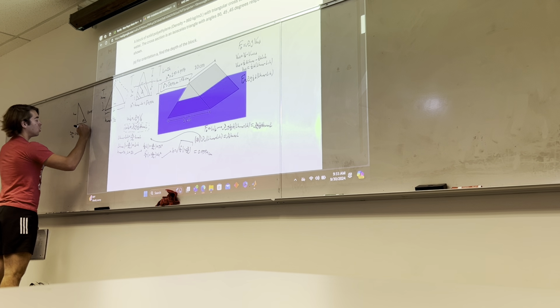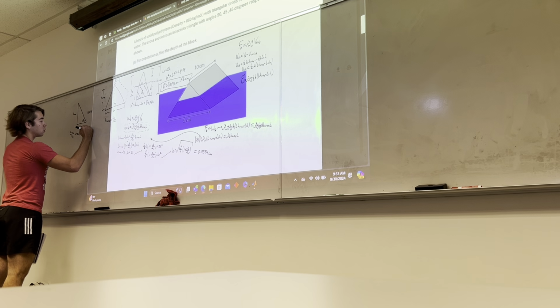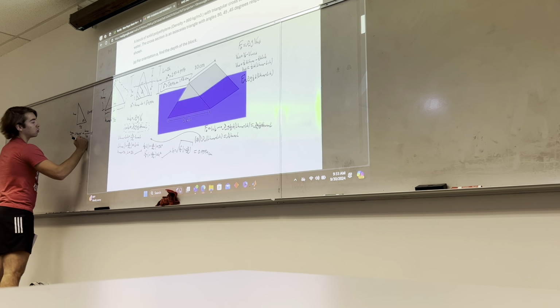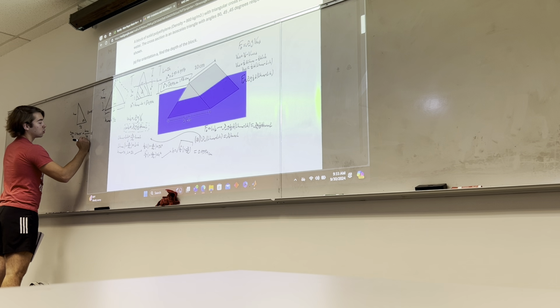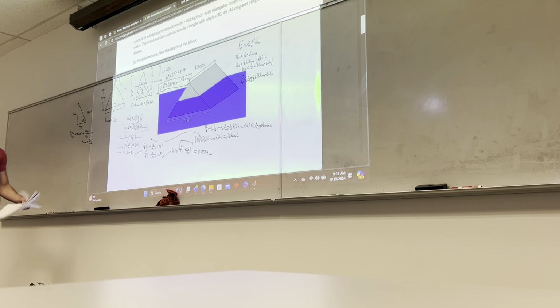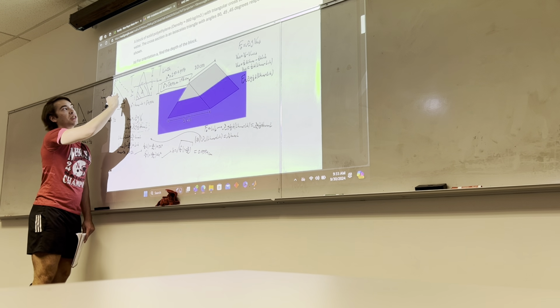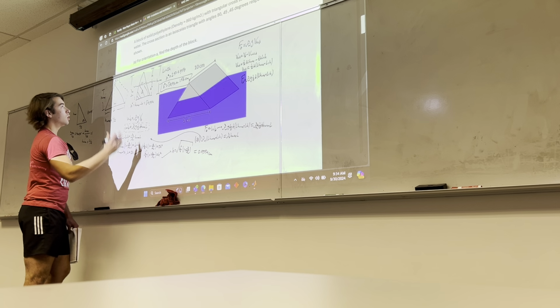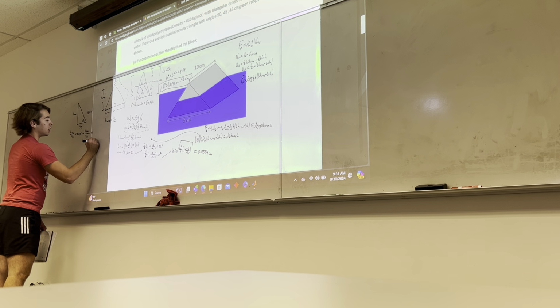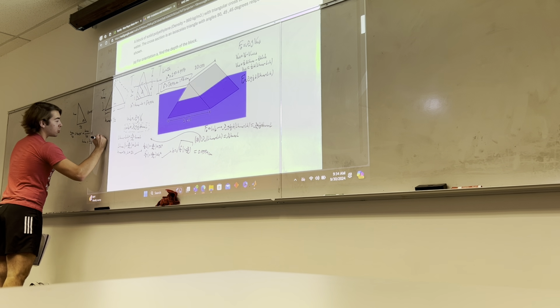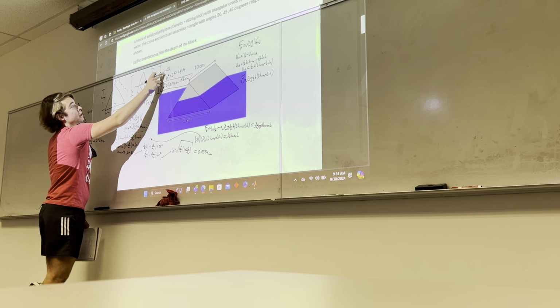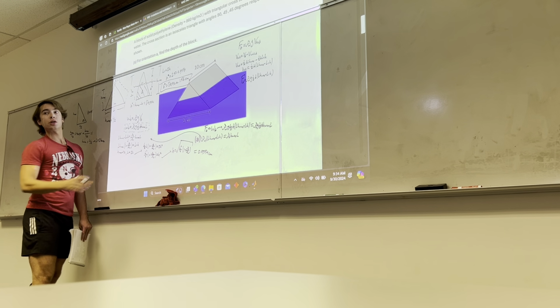So H max over L over 2 equals 1, multiply that over, H max equals L over 2. And that's the same thing for our little triangle we drew. It's the same as that triangle, I just chopped it off at the top. So if you also want to say L equals 2 H max, that's where I got this L equals 2 with the little h.